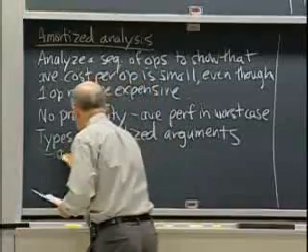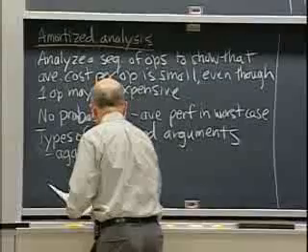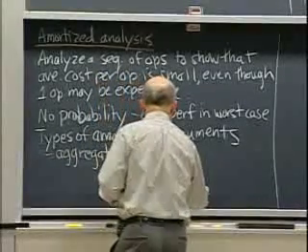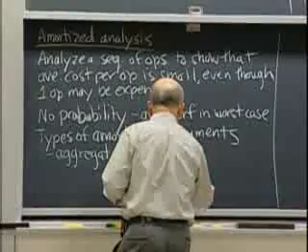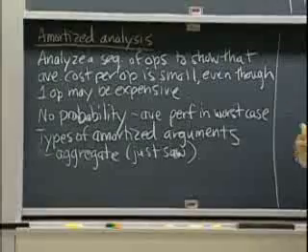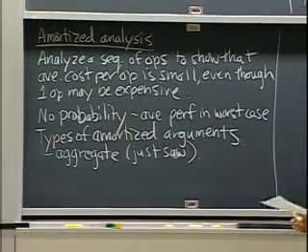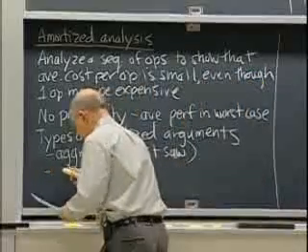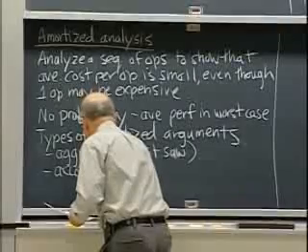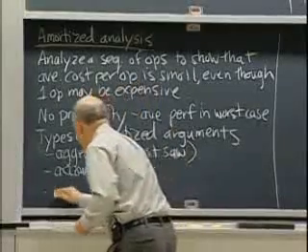The first one is what's called an aggregate analysis, and this is what we just saw, where you just analyze what the n operations take. And then we're going to see 2 more today: one is called an accounting argument, and the other is a potential argument.